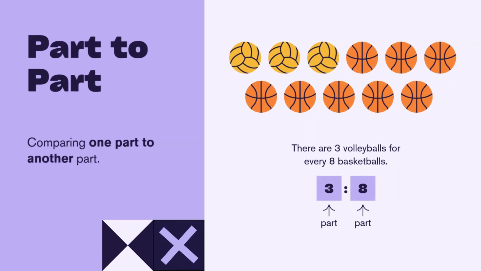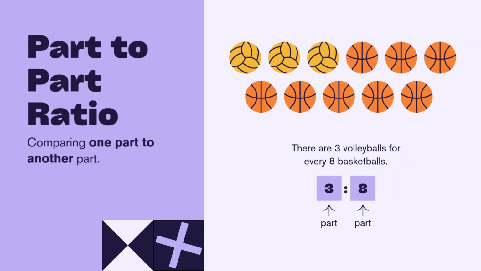Starting with the first type, that is the part to part ratio. Part to part ratio means comparing one part to another part. You can see, we take an example of three basketballs in yellow color and eight basketballs in orange color.